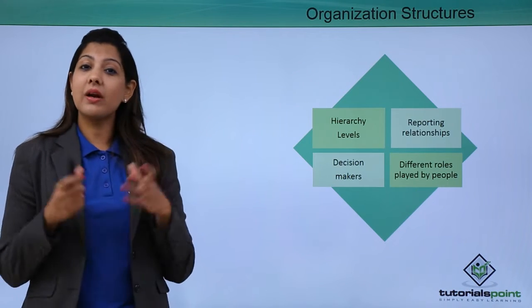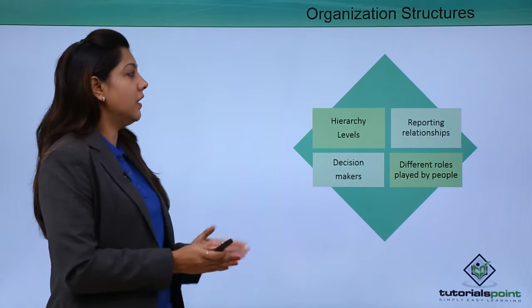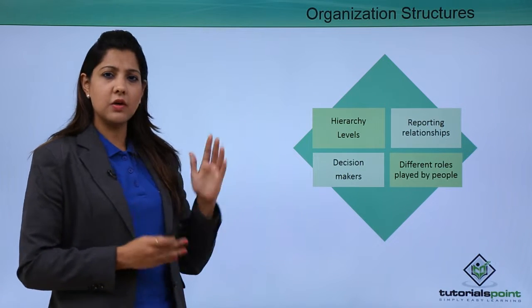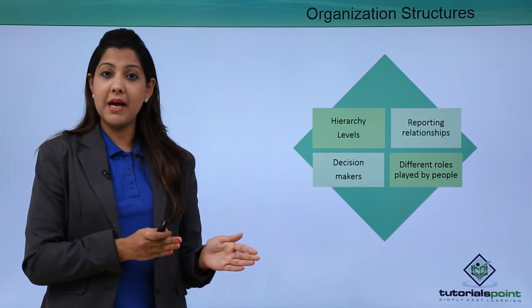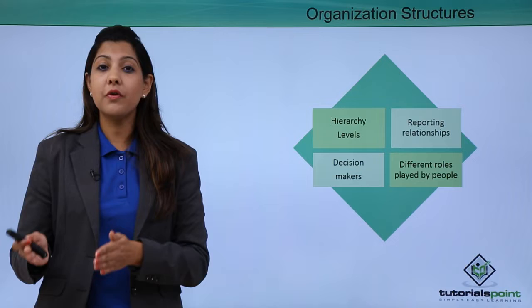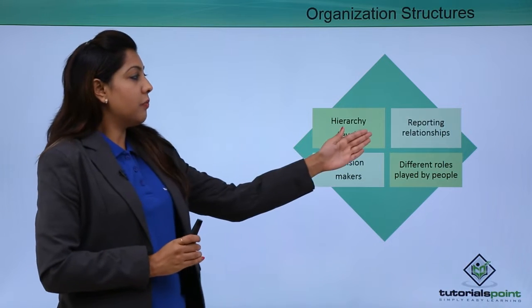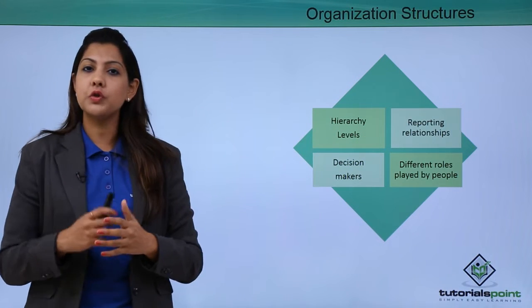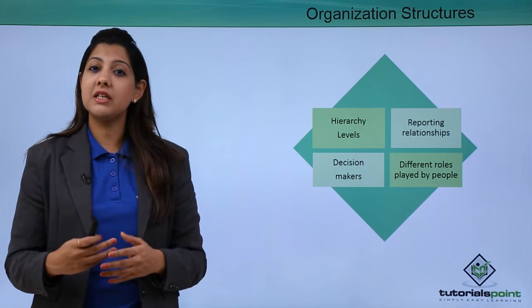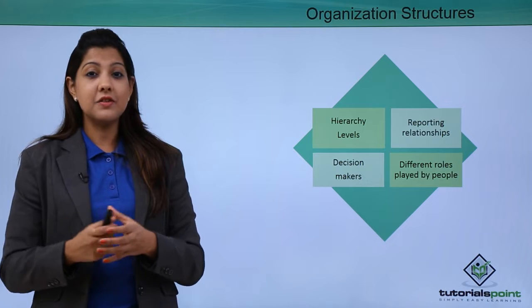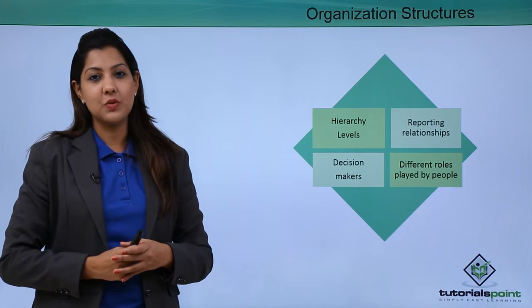Now let's look at the organization structure in retail. You have hierarchy levels. Different hierarchies are there in the store, for senior management, junior management, as well as really junior management, and the reporting relationship, who reports into whom. A sales staff will report into their team leader, the team leader reports into an assistant store manager, and then he reports into a manager.